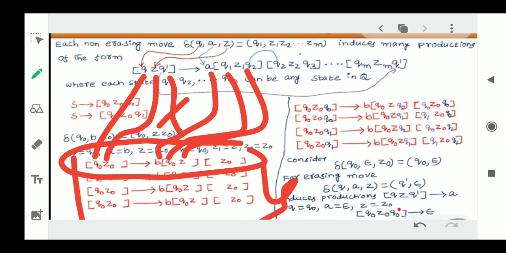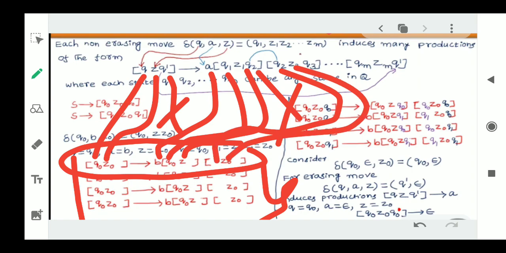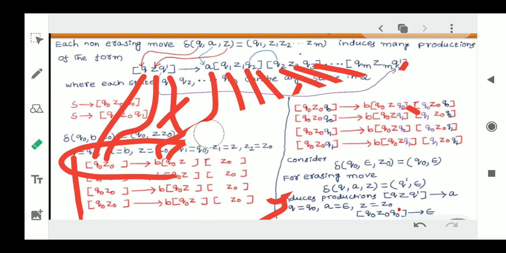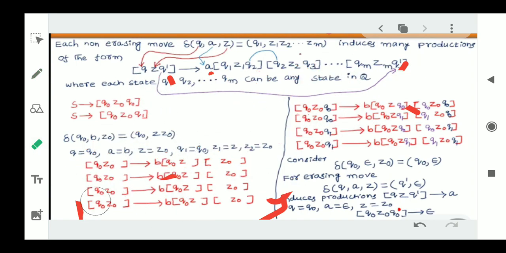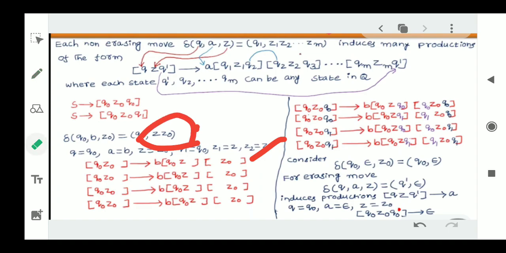Z1 means Z. Q2 I don't know, so I will analyze it later. Z2 is Z0, I have taken. Q3 I don't know, I will analyze it later. That is how I am going to take all the starting productions. Since I require 4 productions here, why? Because the top of the stack is containing 2 symbols, I will get 4 possible combinations. So I have taken 4 production forms of the same type.